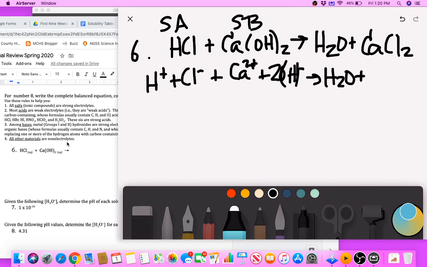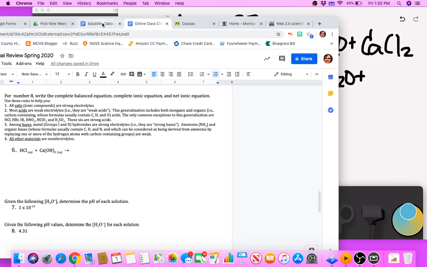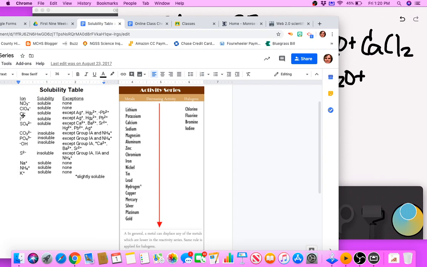Okay, CaCl2. Well, you guys remember that's our salt. All salts are strong electrolytes unless it's insoluble. If it's a precipitate, it's not. So let's see, is CaCl2 soluble or not? So let's look. Cl is soluble except Ag, Hg, and Pb. So this is not AgCl, HgCl, or PbCl. This is CaCl, so that means it's soluble.